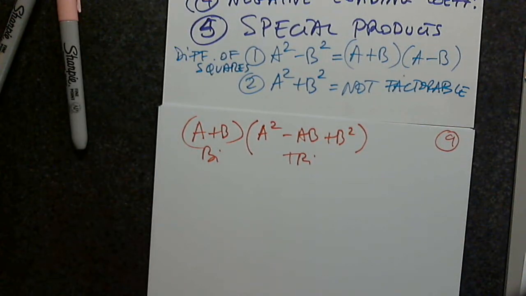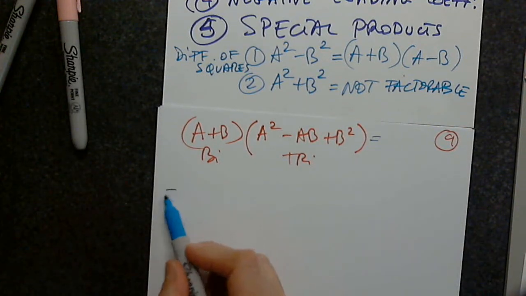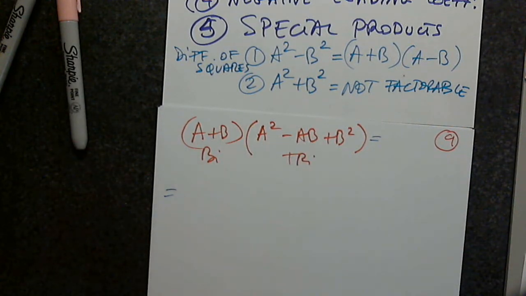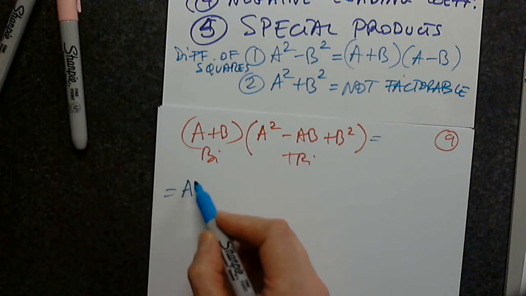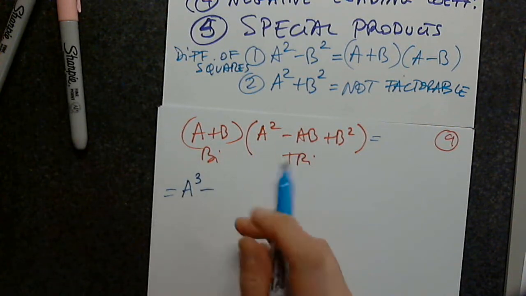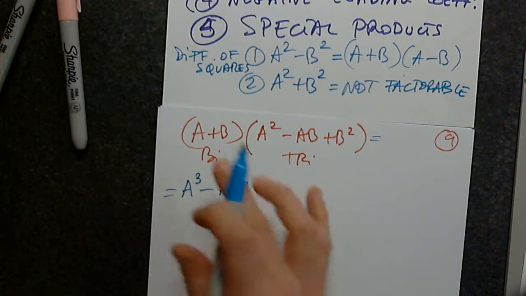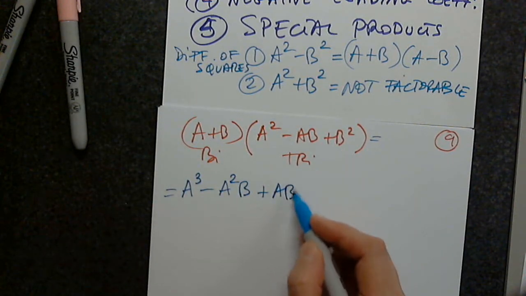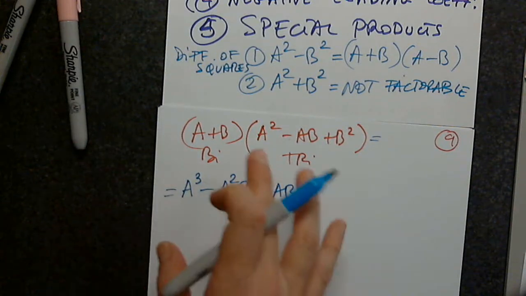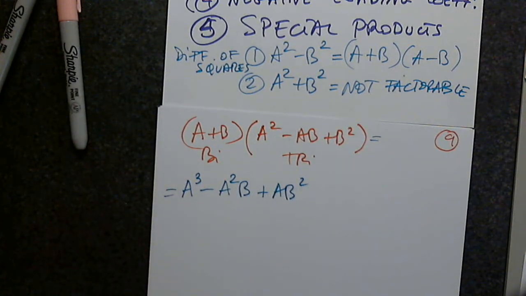Okay, so let's do it. A multiplied by a squared is a cubed, minus a times ab is a squared b, plus ab squared. So we distributed a to these 3 terms. So far so good?